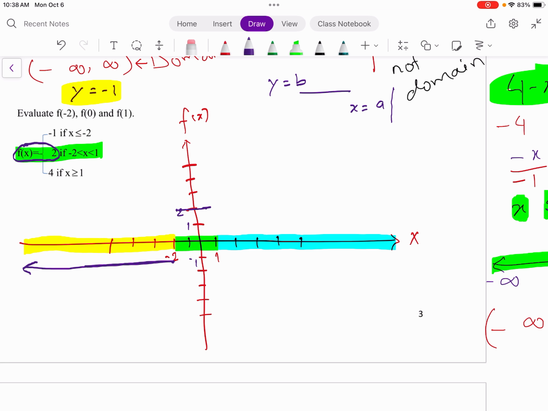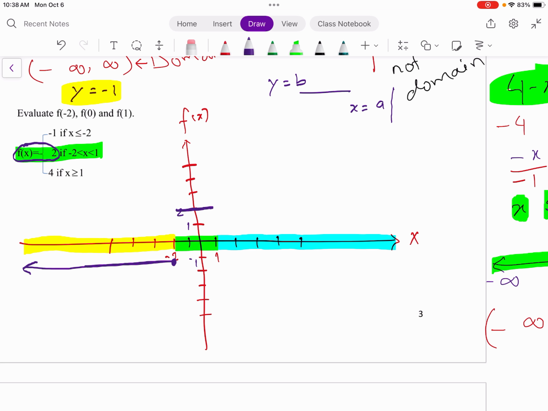Now here, we have a closed circle at this point. It means -2 is included. Now in the green region, are -2 and +1 included here? We do not have an equals sign here, right?